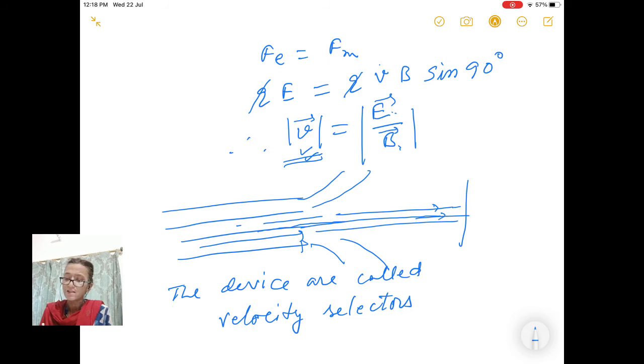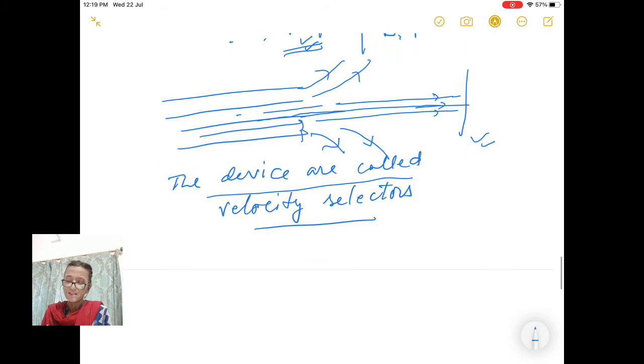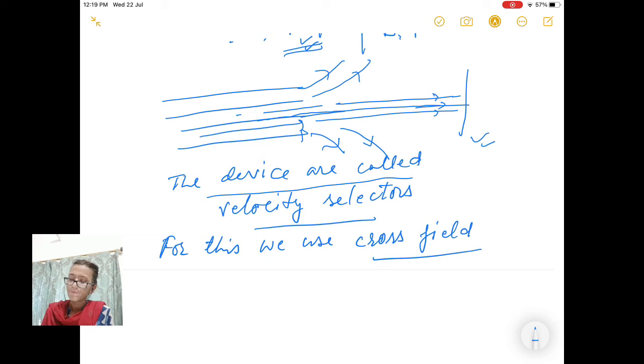These charged particles will go undeviated through this cross field, and the rest of the charges with different velocities will be scattered in other directions, and here we can collect all those charged particles moving with the same velocity. So the devices are called velocity selectors, and for this we use cross fields. So this is one application of cross field.